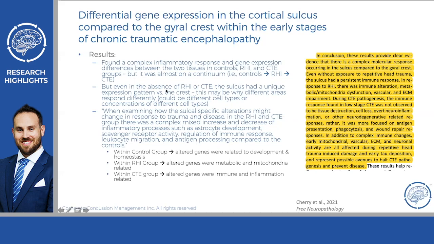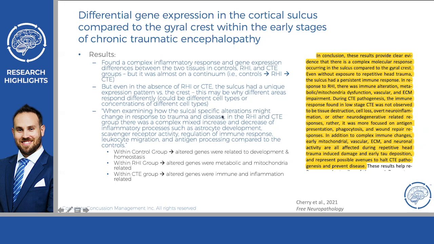But even in the absence of repetitive head injury or CTE, the sulcus had a unique expression pattern versus the crest. This may be why different areas respond differently. There may be different cell types in these areas or different concentrations of different cells, which means that they may be more susceptible to the shearing forces, maybe more susceptible to inflammation, et cetera, and that may be why we see the patterning we do.